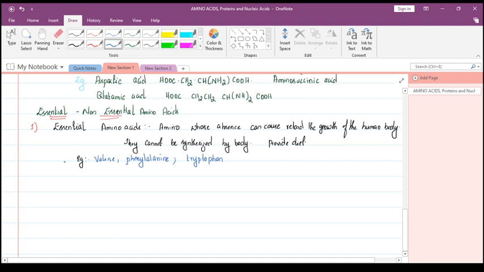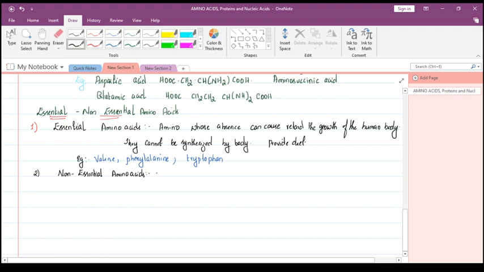Then what are non-essential amino acids? They are another classification. If one is essential, another one is non-essential amino acids. These are the amino acids which can be synthesized from other compounds by the body.